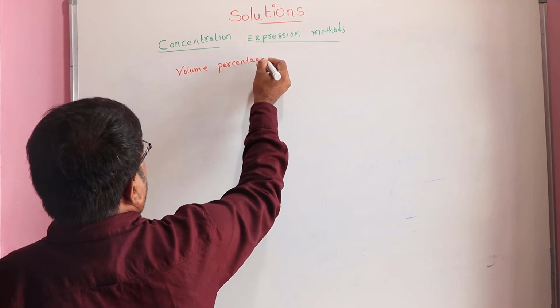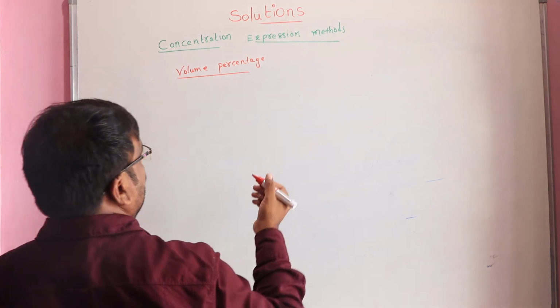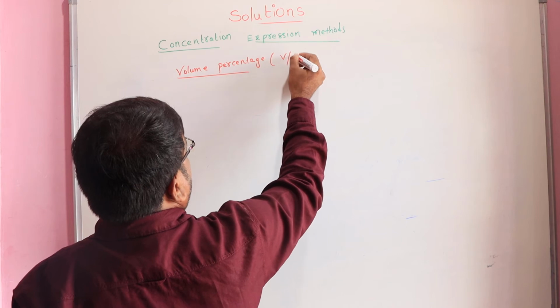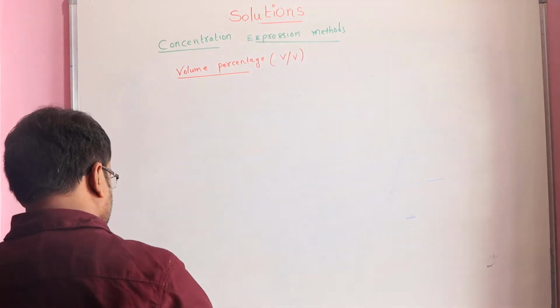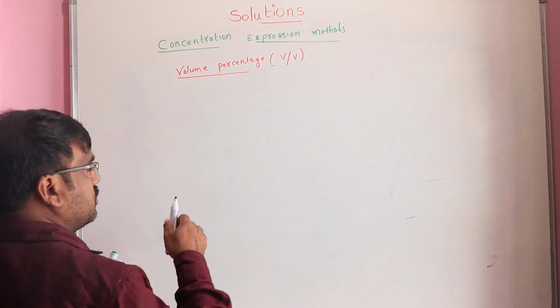The volume of component, either it is solute or solvent, present in 100 ml of solution is known as volume percentage. Generally, in case of liquids, this method we are using to express their concentration.